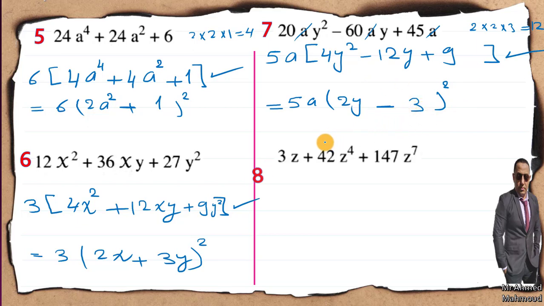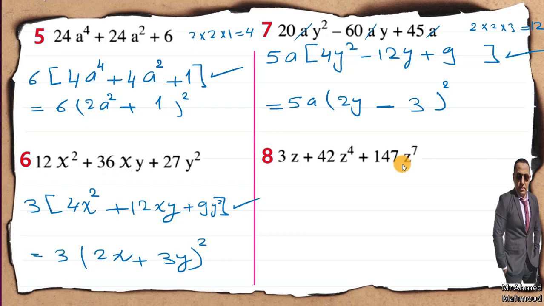Okay, the next one, 3z plus 8 plus 42z to the power of 4 plus 147z to the power of 7. First, by looking at the numbers, I have 3z is common, okay?